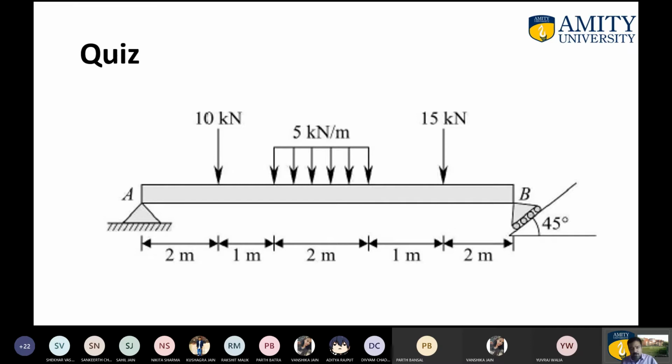It is right now 12:38. At 12:48, I will check the random copies. So draw this diagram very quickly. After that, just solve it.